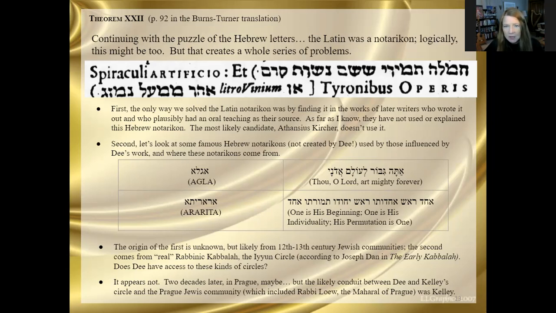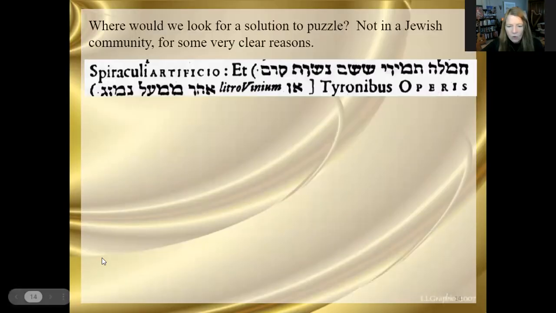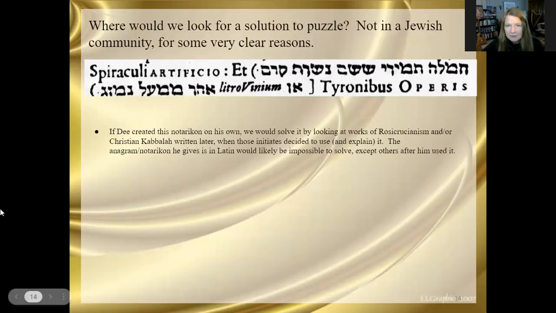That is where the Maharal of Prague, who allegedly creates a golem, Rabbi Lowe, is, and so on. So there is some travel back and forth between the Jewish communities, but it's probably Kelly, not Dee. And it may well have to do with finances rather than mysticism, although with Kelly, who knows, it could have to do with both. Okay, so why is all of this significant?